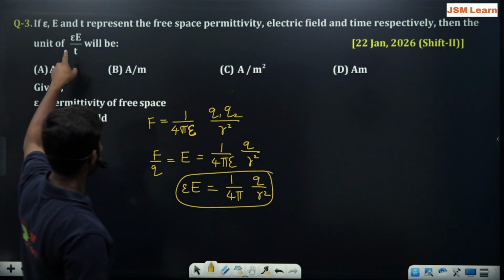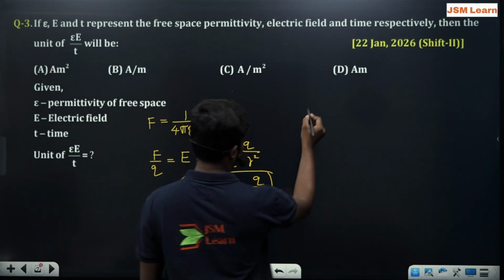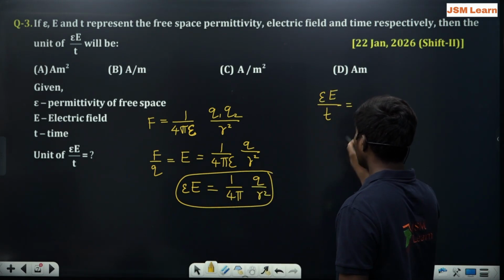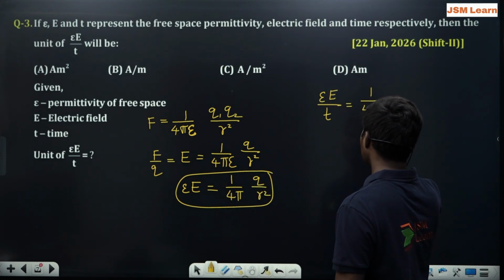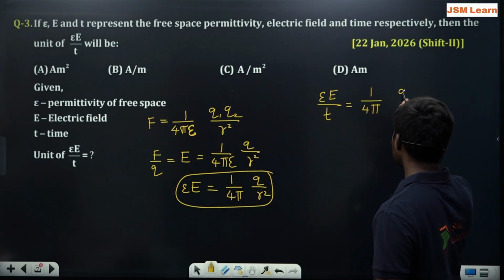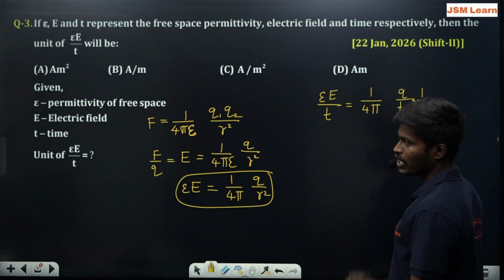So here we got the equation, E epsilon is equal to 1 by 4 pi q by r square. In the question he is asking epsilon E by t. This can be written as epsilon E by t is equal to 1 by 4 pi, which is nothing but a constant, and q by r square can be written as q by t into 1 by r square for our convenience.